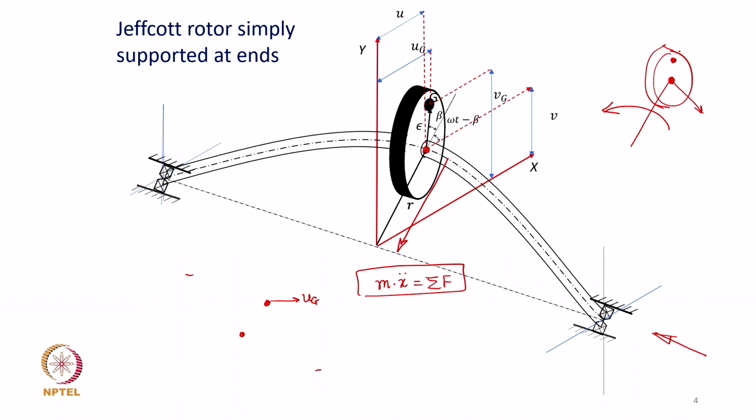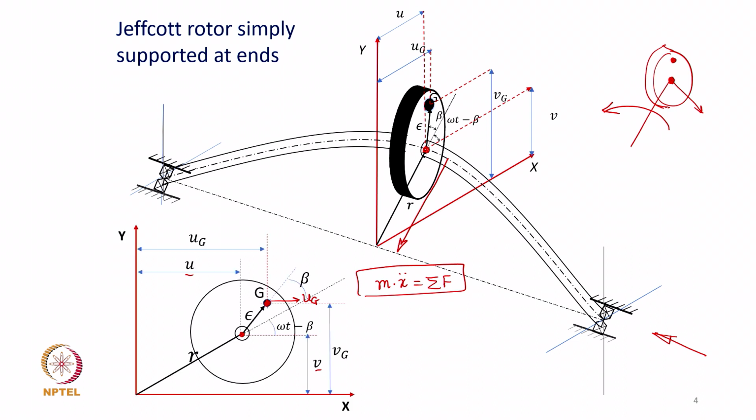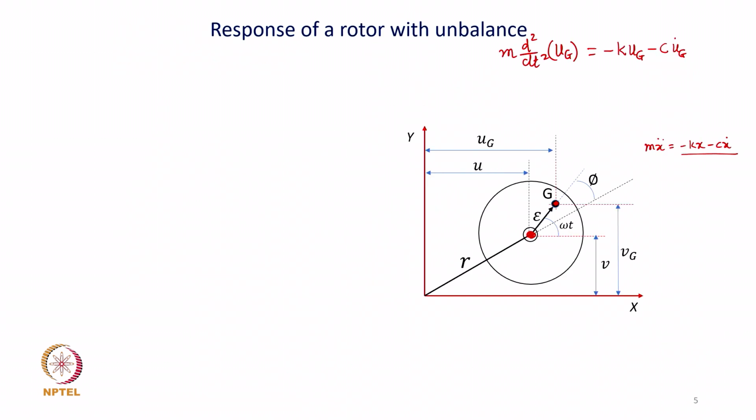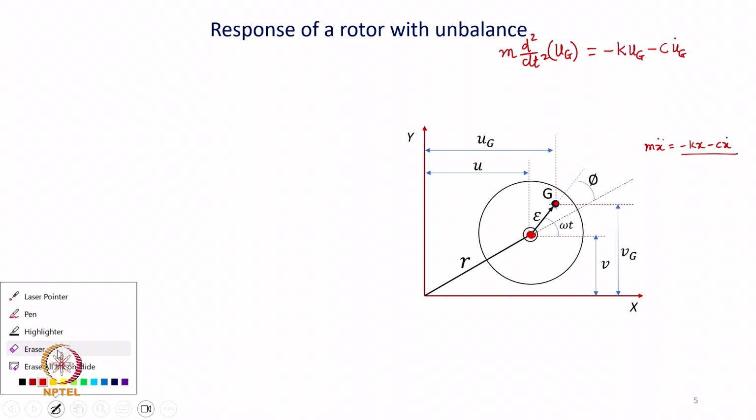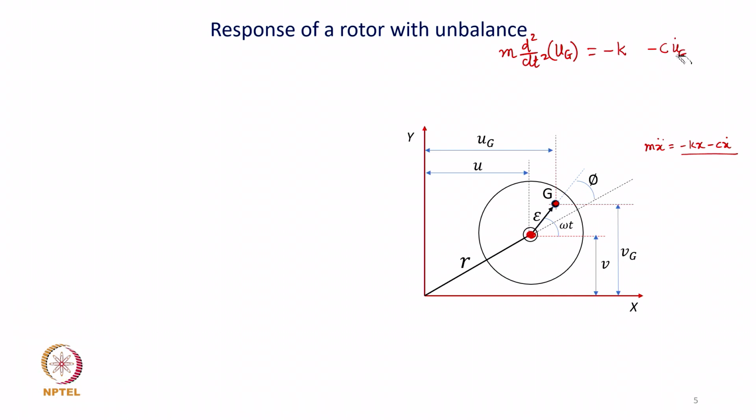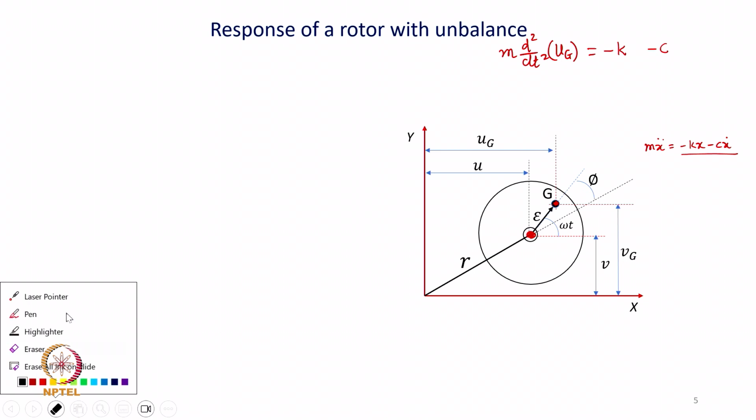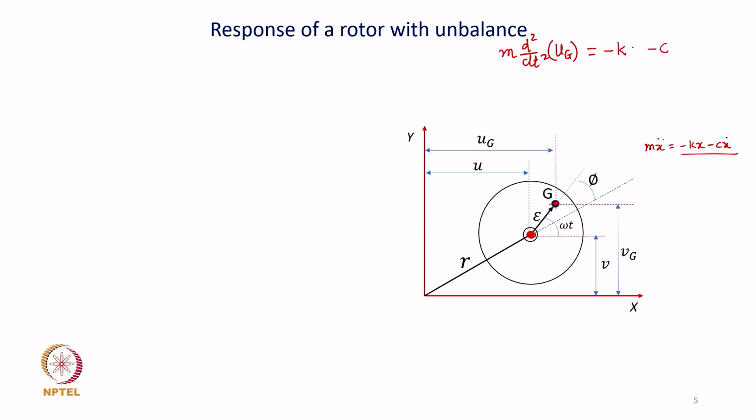The mass center was required to be known for inertia. And so, in this particular case, k into ug is going to be incorrect. It has to be the displacement and velocities of the shaft center and not the mass center. So, this has to be u and this has to be u dot. What is ug?